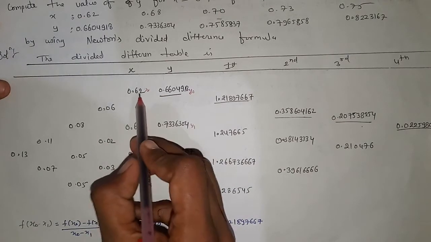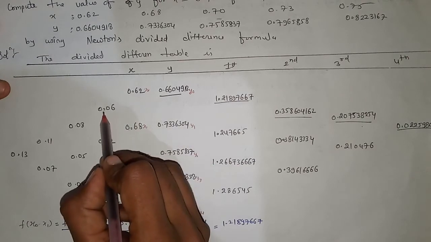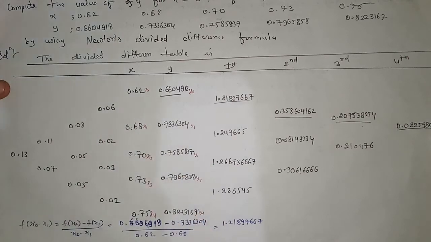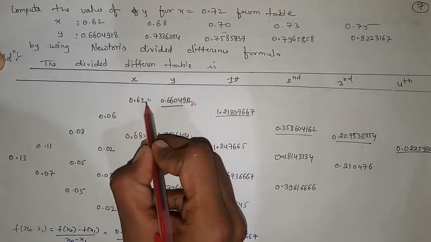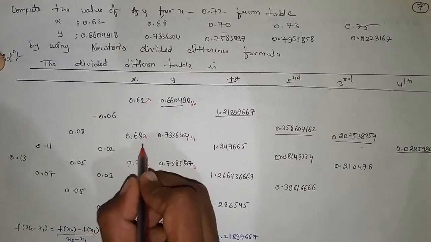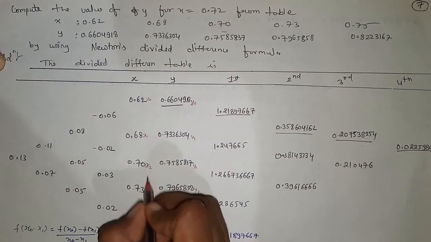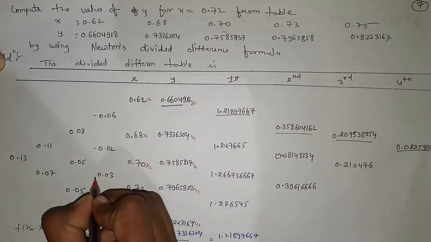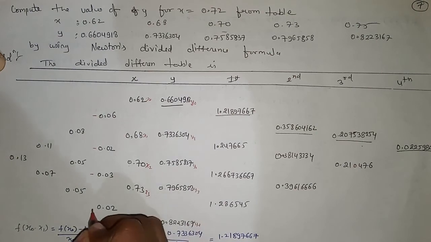First of all we will find the differences of these. 0.62 minus 0.68 is minus 0.06, 0.68 minus 0.70 is minus 0.02, 0.70 minus 0.73 is minus 0.03, 0.73 minus 0.75 is minus 0.02.